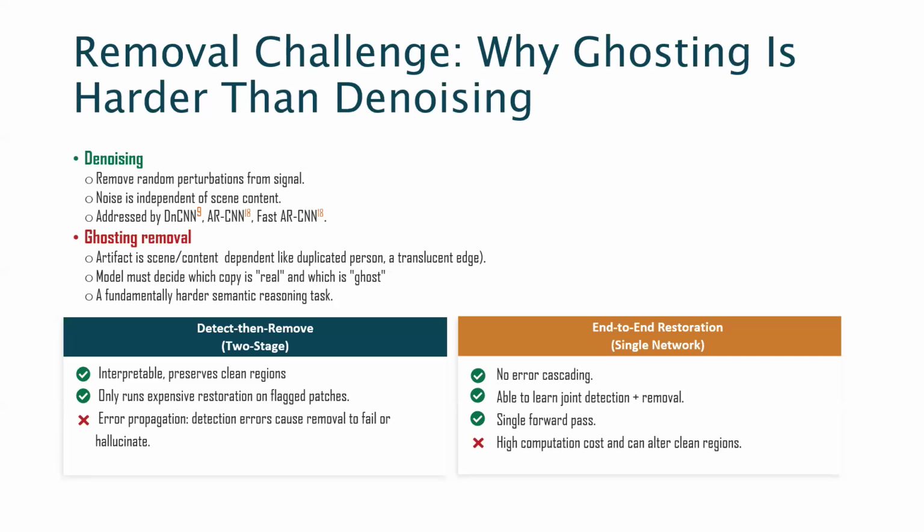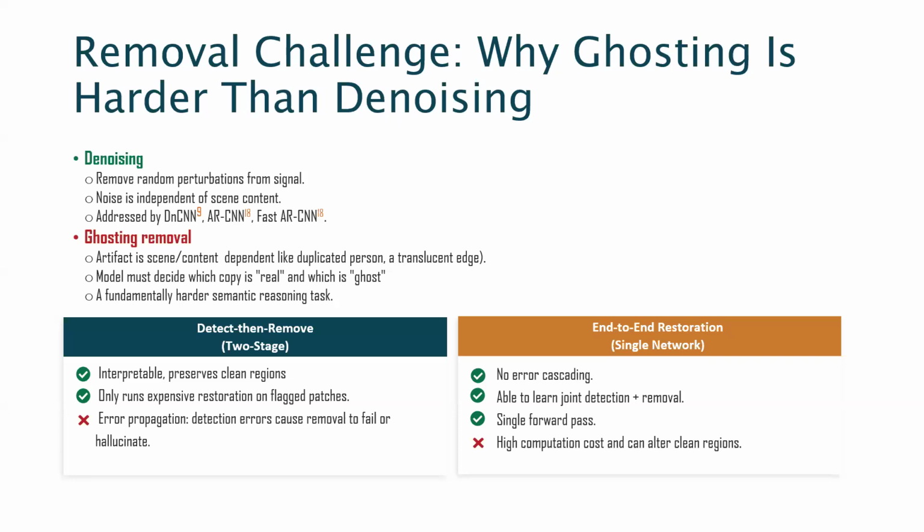There are two possibilities in which we can go, and that is an open-ended problem. The first is detect then remove. First we detect those artifacts and then we remove them. It's a two-stage method. It can be interpretable and it can preserve the clean regions, but the problem is error propagation.